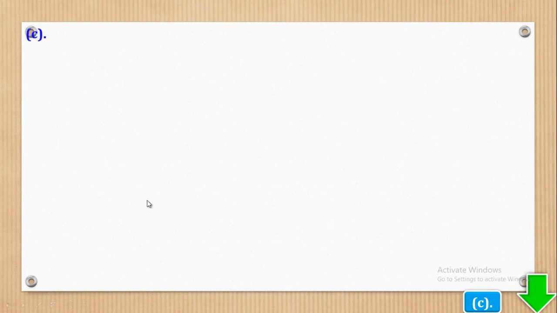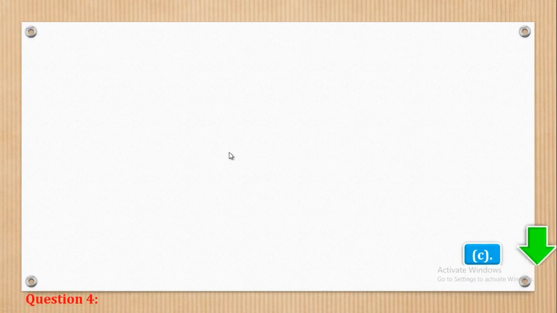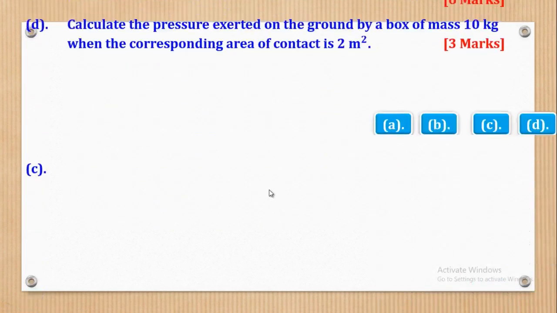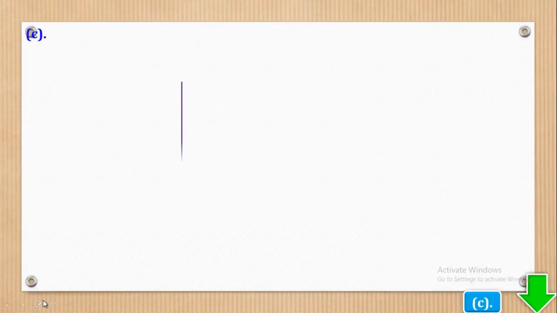So now we shall go to part C. Part C says, with the aid of a labeled diagram, explain how a force pump works. So the first thing to do is to draw a diagram, because they said with the aid of a labeled diagram.